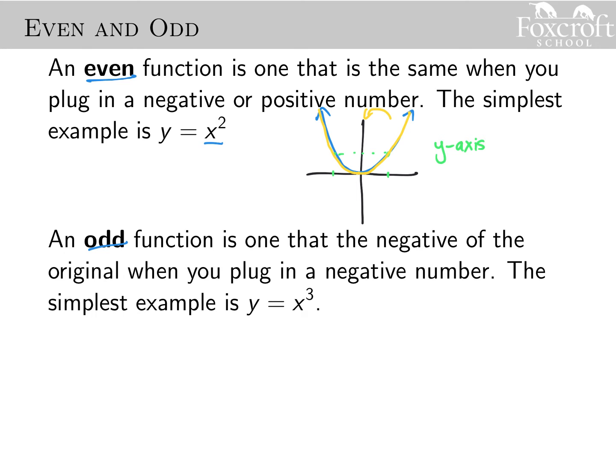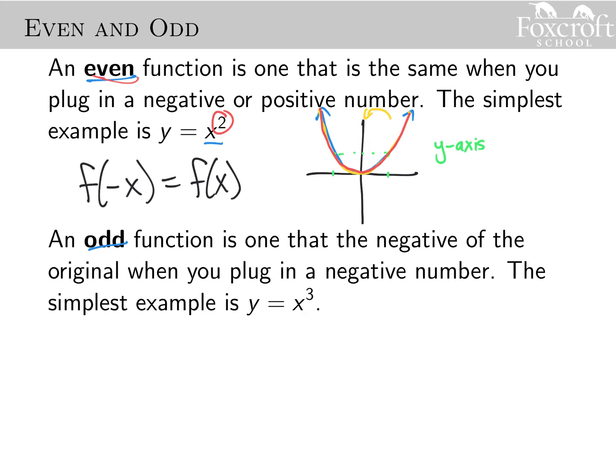All right, notation-wise, an even function, if I plug in a negative value, I get out the same thing as the positive value. All right, so that is an even function. Again, with the word even, just think about x squared. 2 is an even number, and that'll give you this picture of being symmetric about the y-axis.